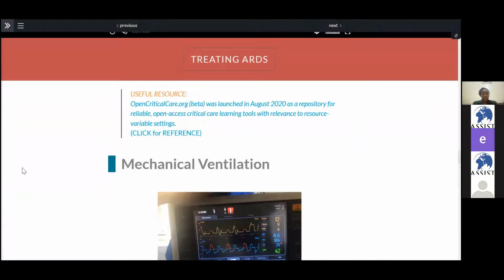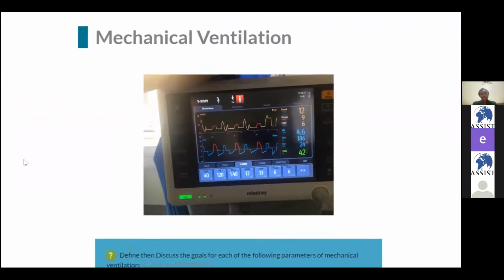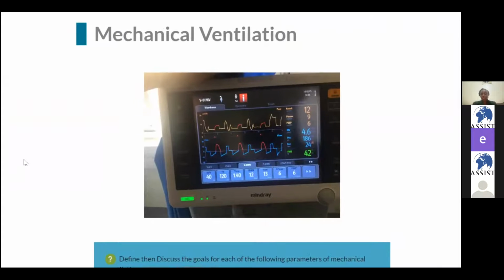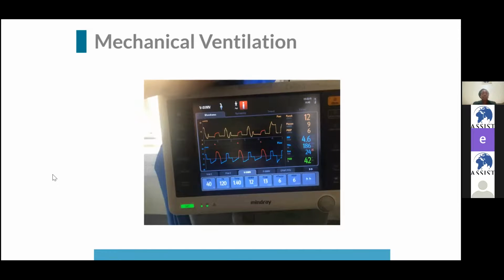So in the next stage, we're going to talk about mechanical ventilation, because once you diagnose these patients who have ARDS, the next thing you want to do is plan for mechanical ventilation, because you now want to synchronize their ventilation with what you're going to set on the machine. Most of the lung could be 50% fibrotic, and you have less lung available for oxygenation.